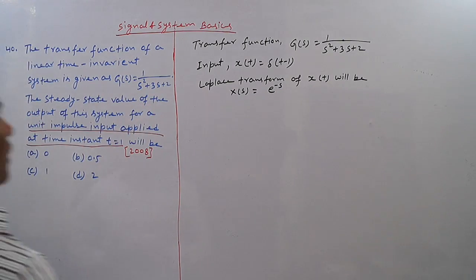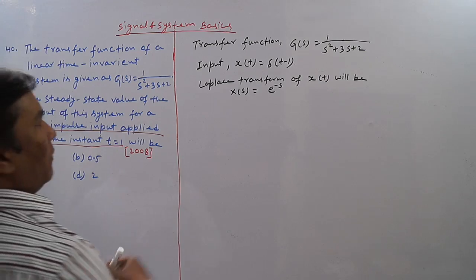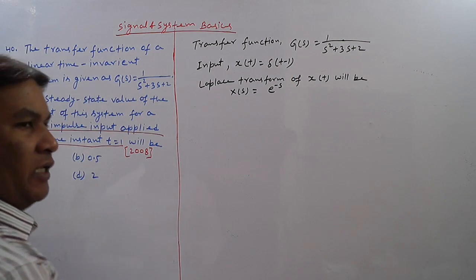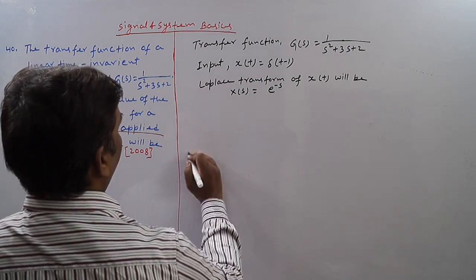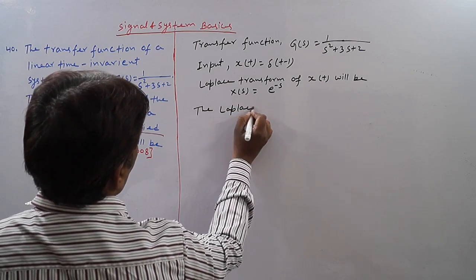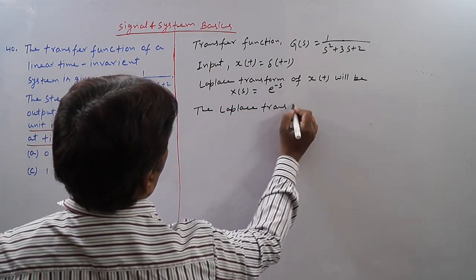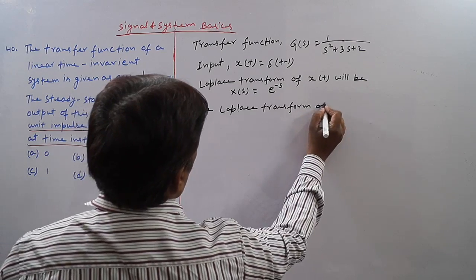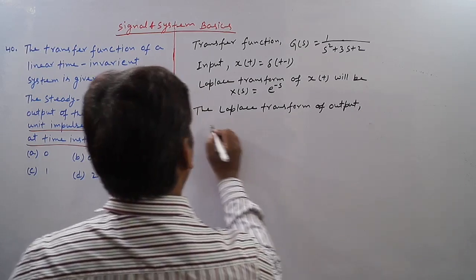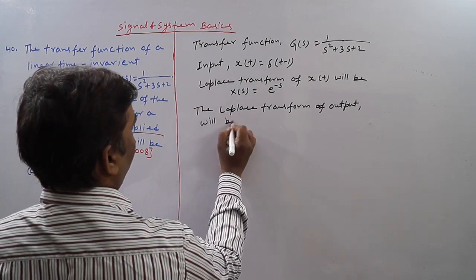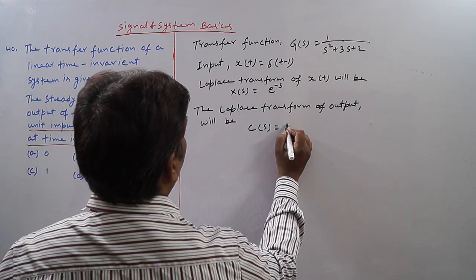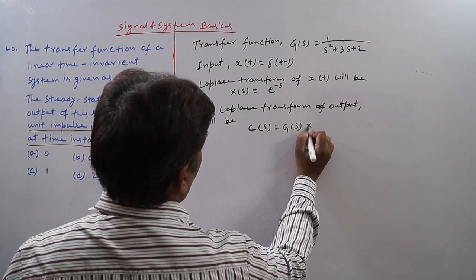Now the Laplace transform of output, let us take the output as C(s). So the Laplace transform of output will be C(s) equal to nothing but G(s) multiplied by X(s).